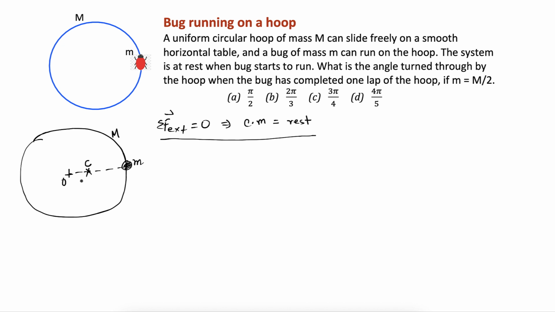So now let's compute the center of mass. Let's say this distance OC is x, and let's say that the radius of this hoop is r. Therefore, this distance will be r minus x.